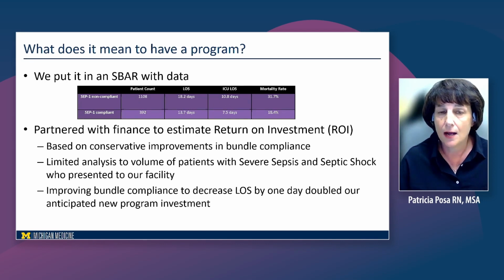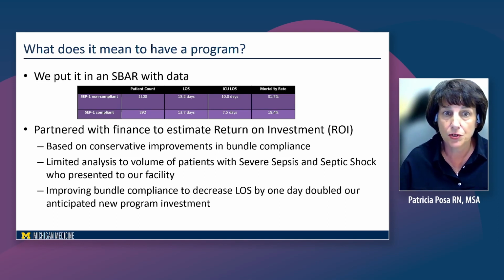You can see, I'll highlight, that our length of stay was about 5 days less when we were compliant with our sepsis bundle, the evidence-based care. You can also see ICU length of stay was less, as well as overall hospital mortality.